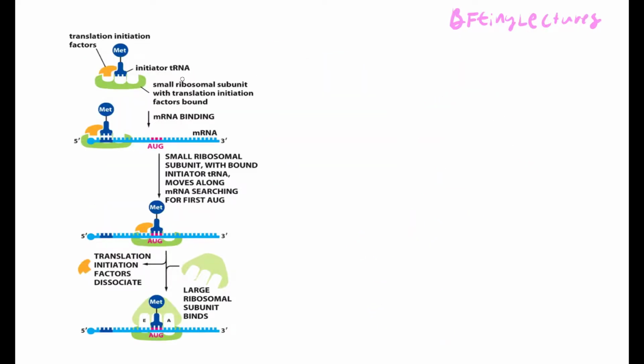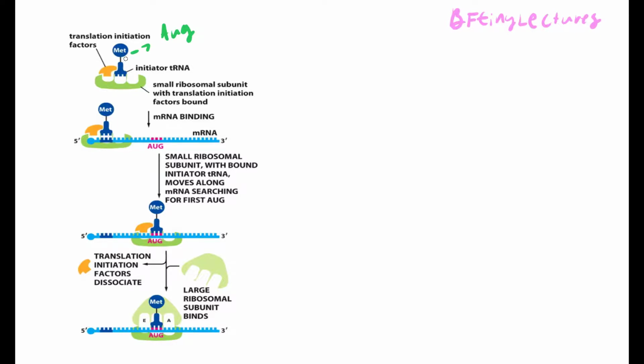So before we can even begin making proteins, we have to make an initiation. So right here we have a translation initiation factor, and this protein or this factor gets an initiator tRNA. Now remember that methionine actually codes for AUG, right? And so whenever AUG is read, methionine, which is already present, will begin to expand.